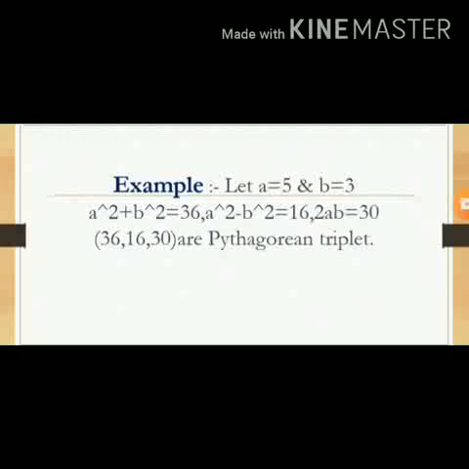Using the values of a and b, we find a² + b² is equal to 34 and a² − b² is equal to 16 and 2ab is equal to 30. From this, we can write 34, 16 and 30 are Pythagorean triplets. In this way, we can find Pythagorean triplets using this formula.